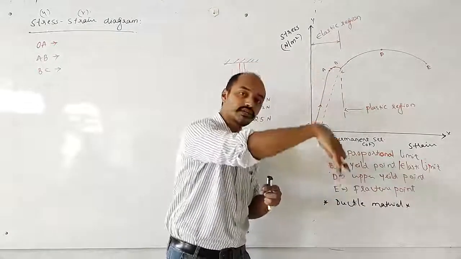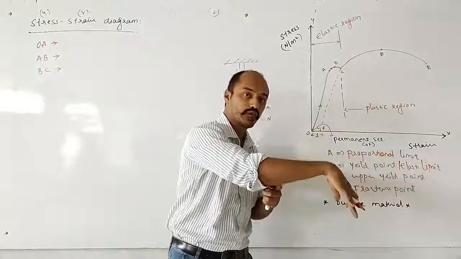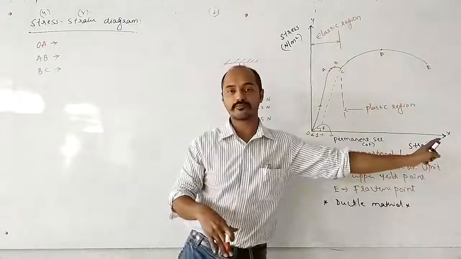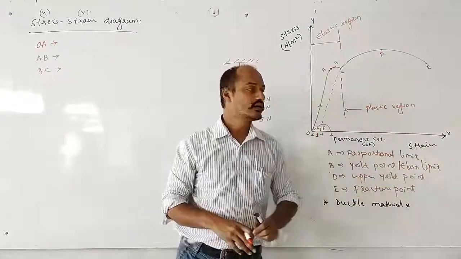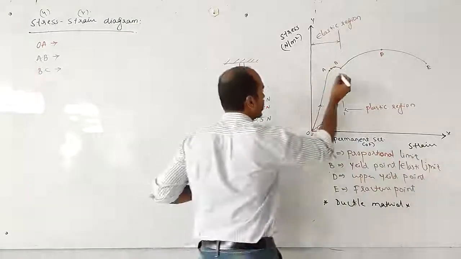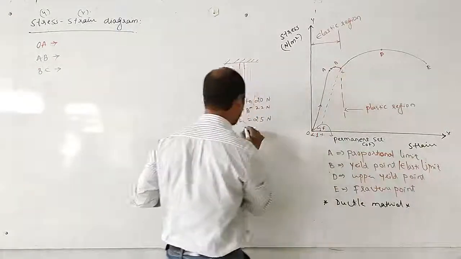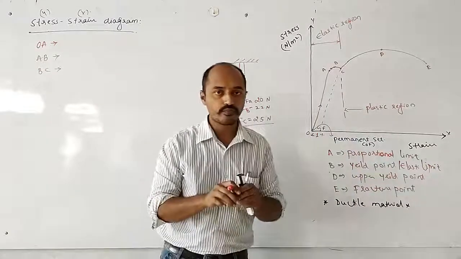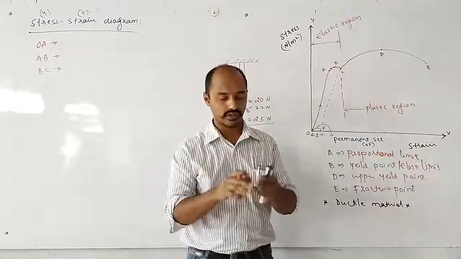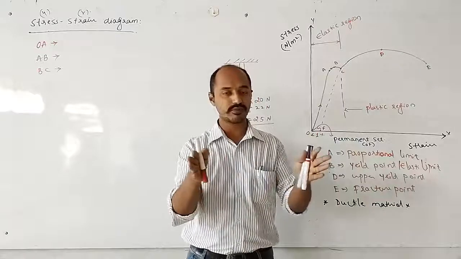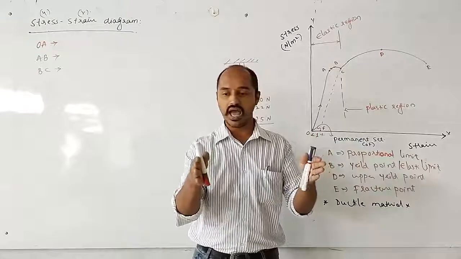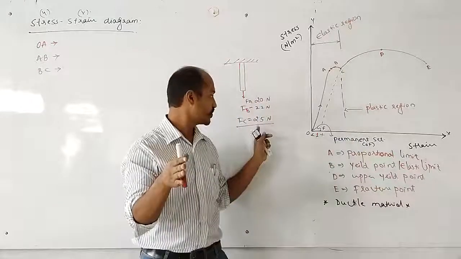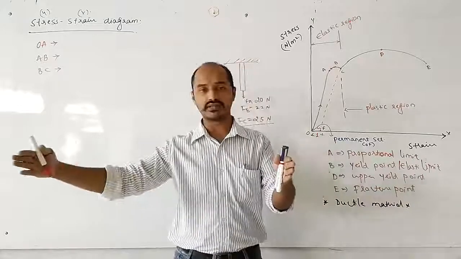Going down means stress goes on decreasing, but strain is increasing. So it reaches point C. At this point C, I have applied 25 Newton of force. If I remove this 25 Newton of force, if the body is initially this much size, and by applying the force 25 Newton, it becomes like this.